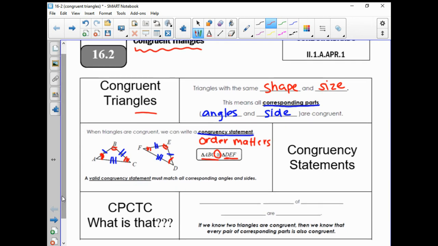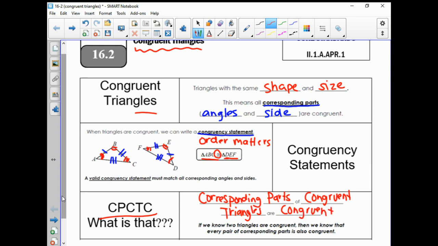All right. One last thing, and then we're going to go on to our first example. We have a nice lovely thing. It says corresponding parts of congruent triangles are congruent. We're going to do that a little bit slower. Corresponding parts of congruent triangles are congruent.